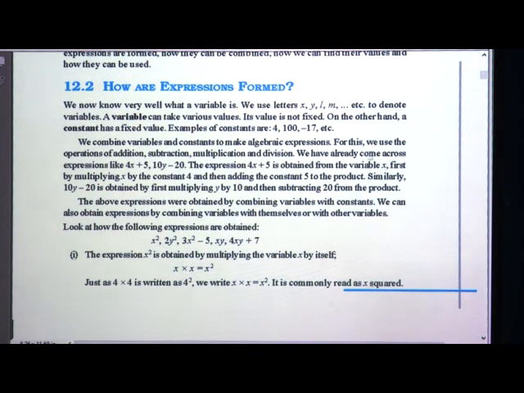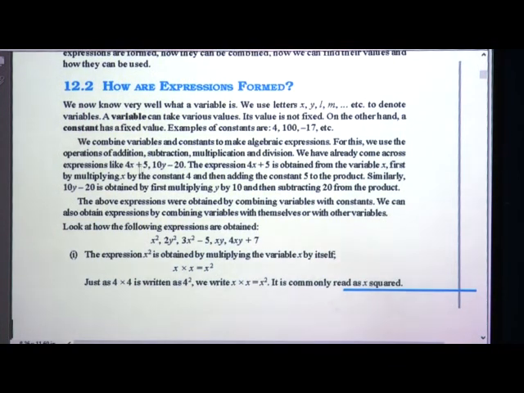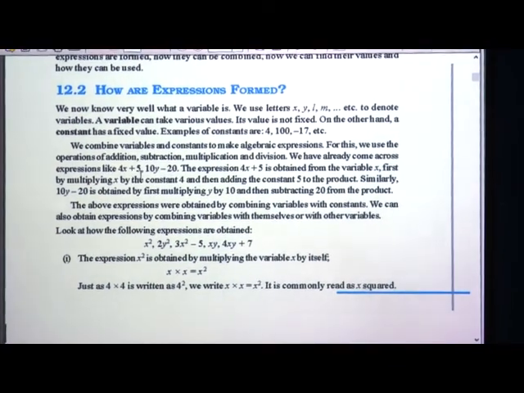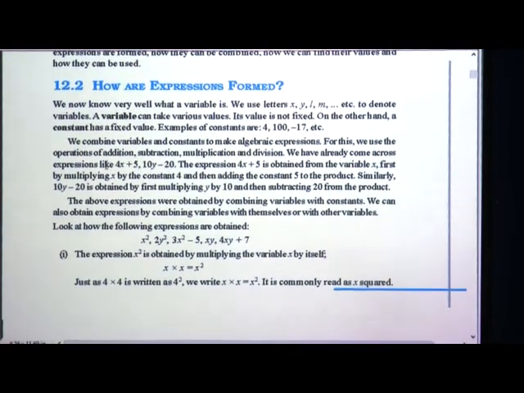We have already come across expressions like 4x plus 5 and 10y minus 20; you have learned these. The expression 4x plus 5 is obtained from the variable x.